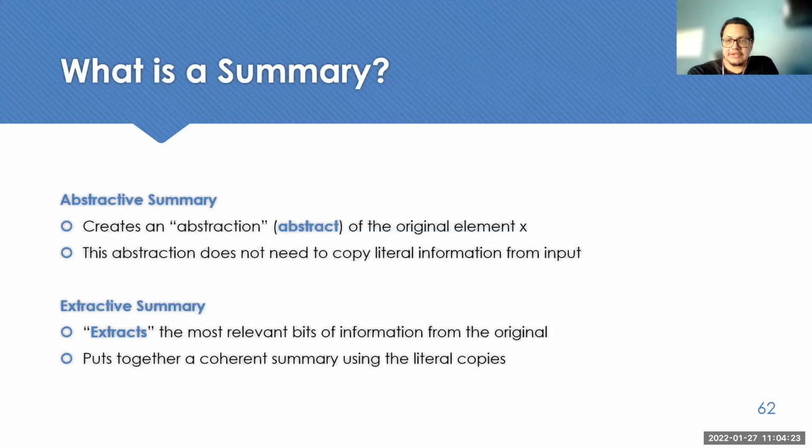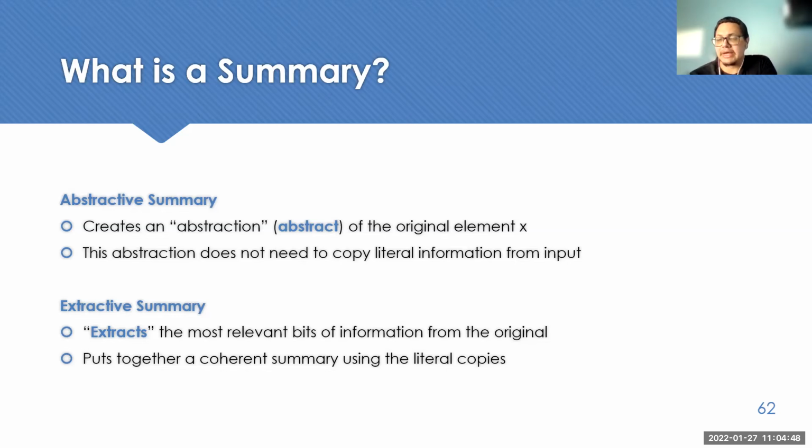The first one is the abstractive summaries. They are called abstractive because we are creating what we know as an abstract, right? For example, you have a 10 pages long document and you read it, you understand it, and then you can rewrite it in your own words in maybe half a page or something like that.